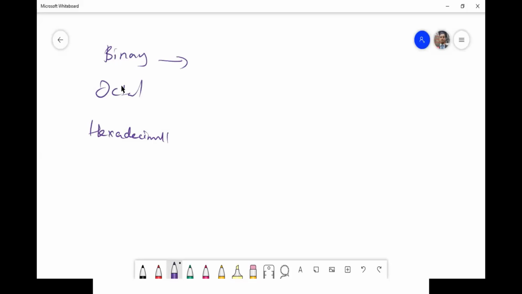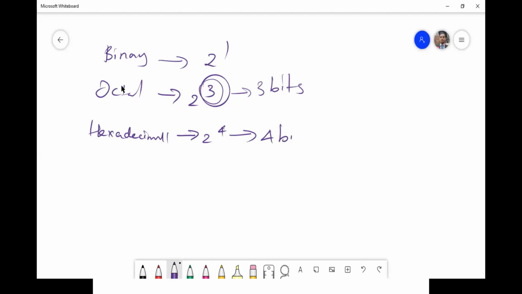So we saw that binary can be written like 2 to the power 1, 2 to the power 3, 2 to the power 4, right? So for octal we needed 3 bits. To represent hexadecimal we need 4 bits.